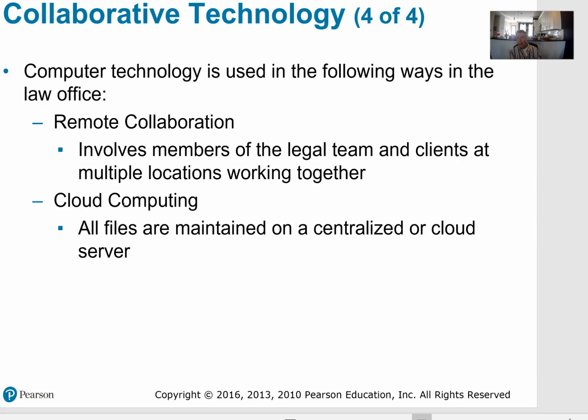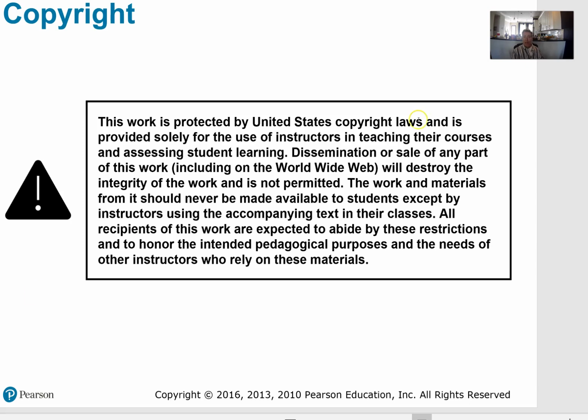They probably have Amazon Web Services or Microsoft Web Services, and that's where they keep all their documents instead of keeping them physically in their law office. And remote collaboration. And then finally, the copyright.